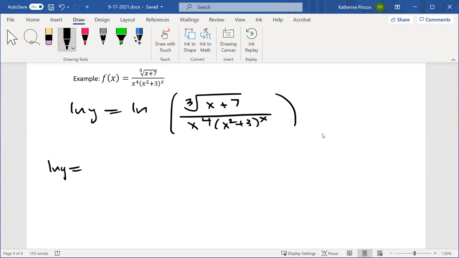Great. Perfect. No, that's an x. When you bring it in front, there's an x. That's right.